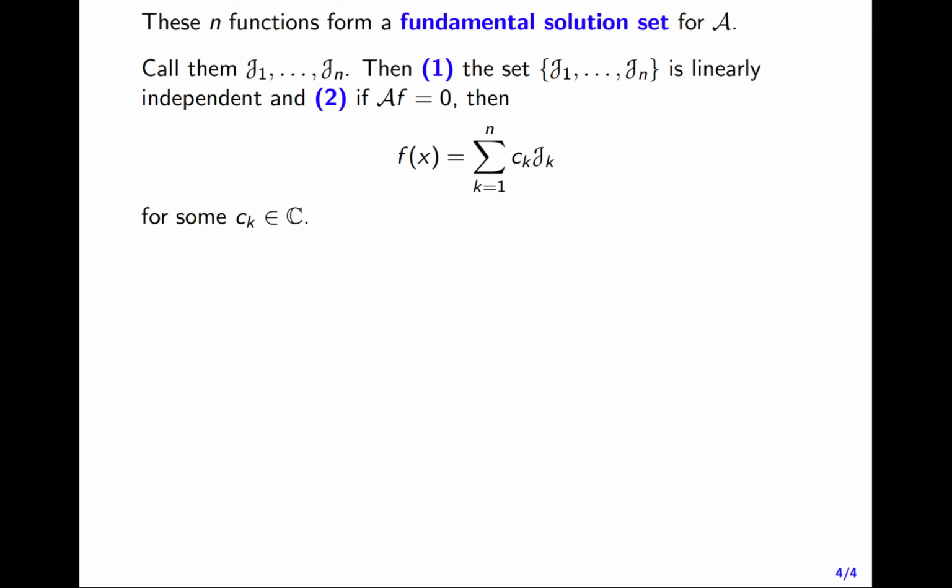So any solution to the homogeneous problem, A on f equals 0, is given by a linear combination of these n functions from the previous slide. And this is what I call theorem 1.5.1 in the notes.